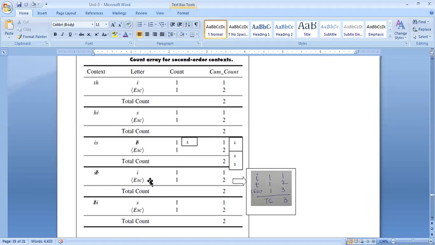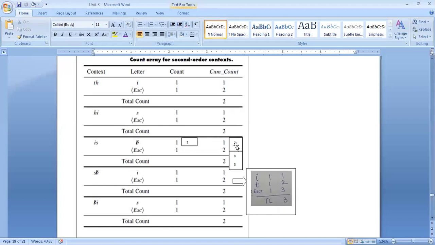Now again, the cumulative count of the escape symbol will be changed. Why? Because the cumulative count of T will be added to the count of escape. So 2 plus 1 is equal to 3. So the cumulative count of the escape symbol will be updated, and after that the total count will also be updated.